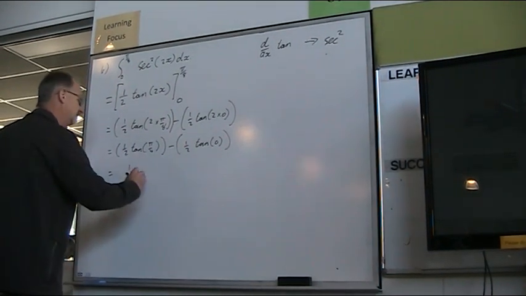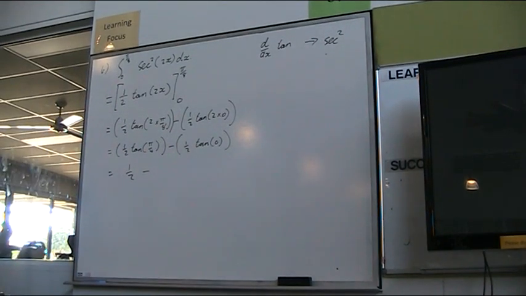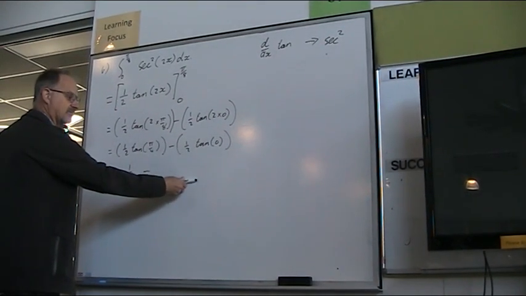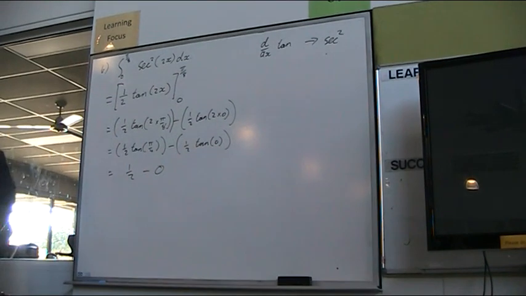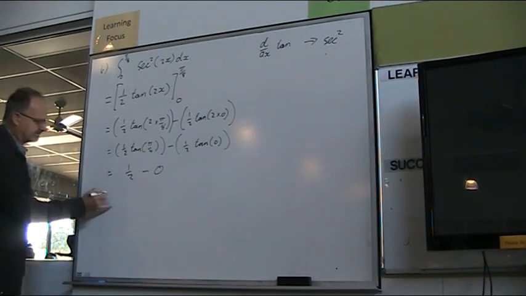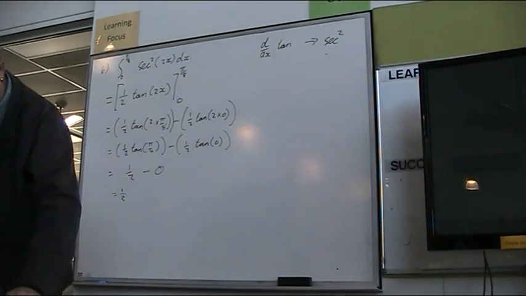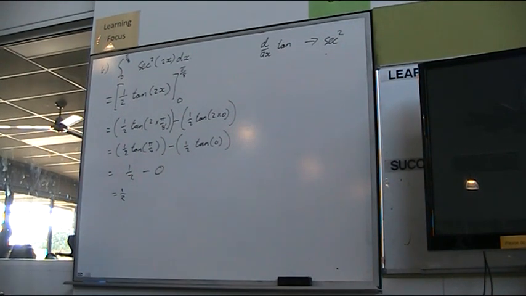Half times 1 is a half. Tan of 0 is 0. So that is a half. Anything about that one there?